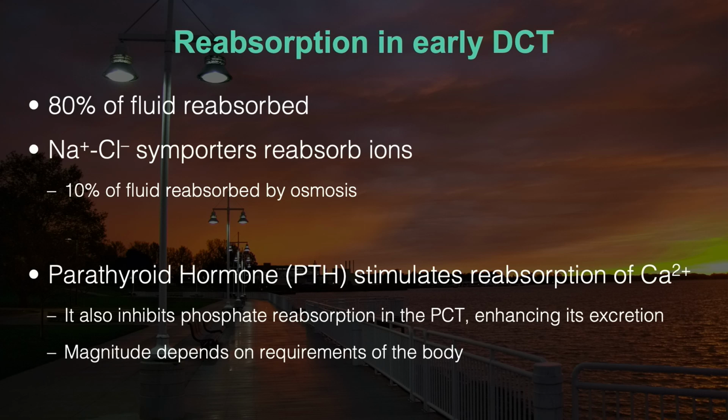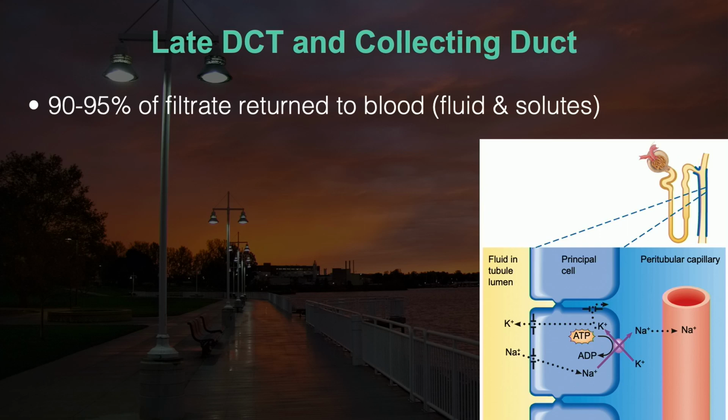So we have the opportunity here to modify sodium reabsorption and thus fluid reabsorption through the actions of aldosterone. As we proceed through the distal convoluted tubule, we add to that control by modifying our ability to reabsorb water.